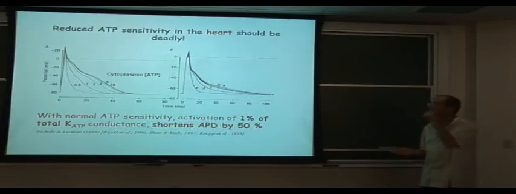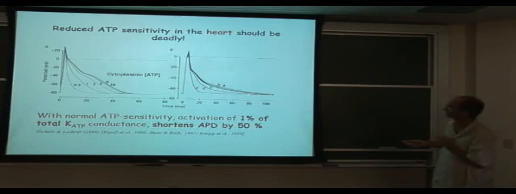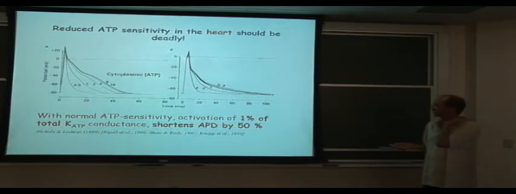And we have shown this experimentally, and what you see here is recordings from a rat ventricular myocyte exposed to metabolic inhibition at different times. The action potential is getting shorter and shorter. This is because KATP channels are being activated.